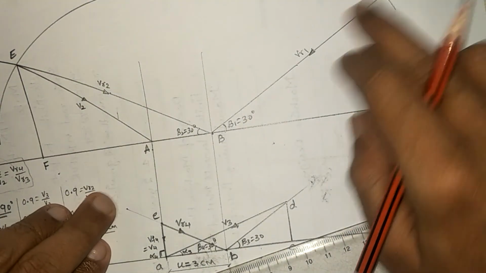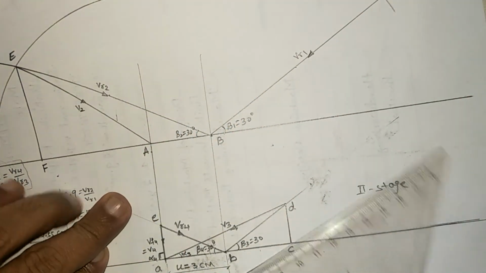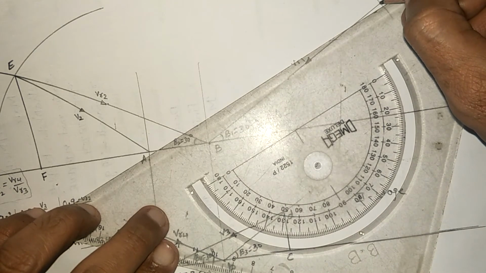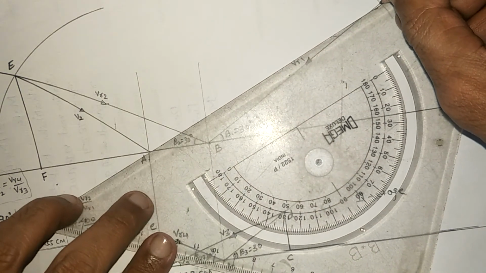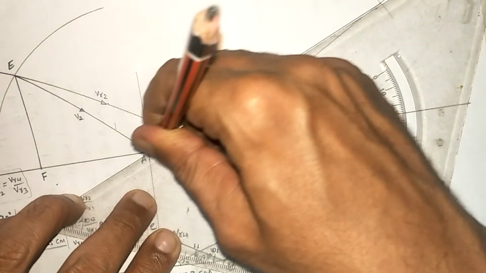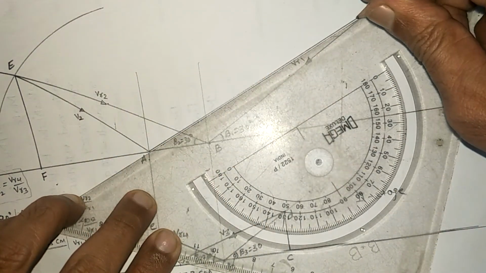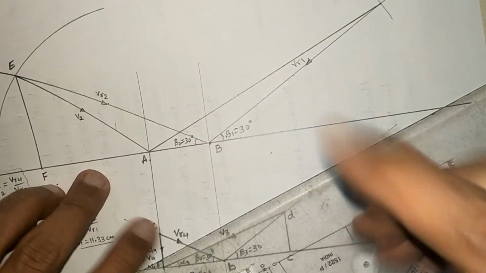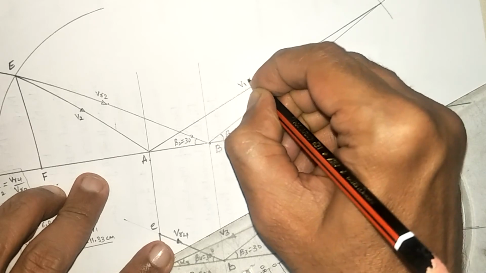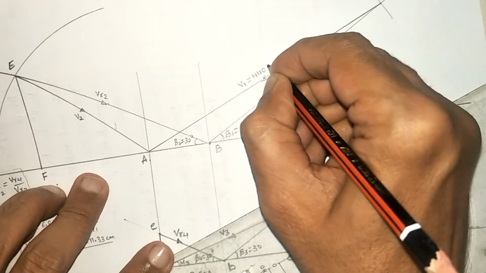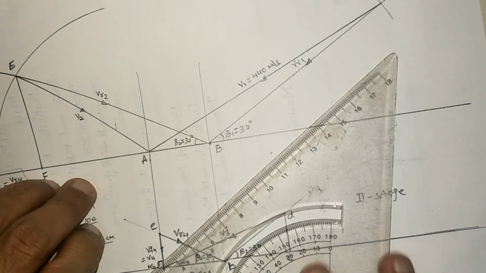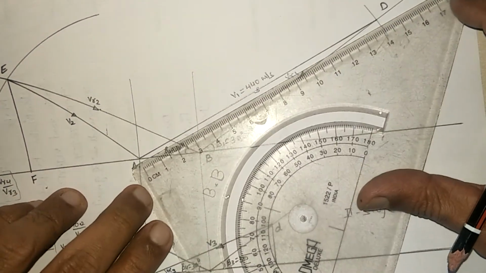Then you join AD. This AD is nothing but V1. V1 is equal to 440 meters per second. So for 440 meters per second, what length are we obtaining?